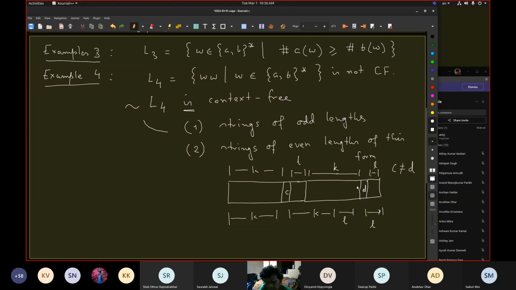Look at the next symbol. If that does not match, you accept, but you have to verify that the count of symbols that still remain in the input is exactly equal to this L.